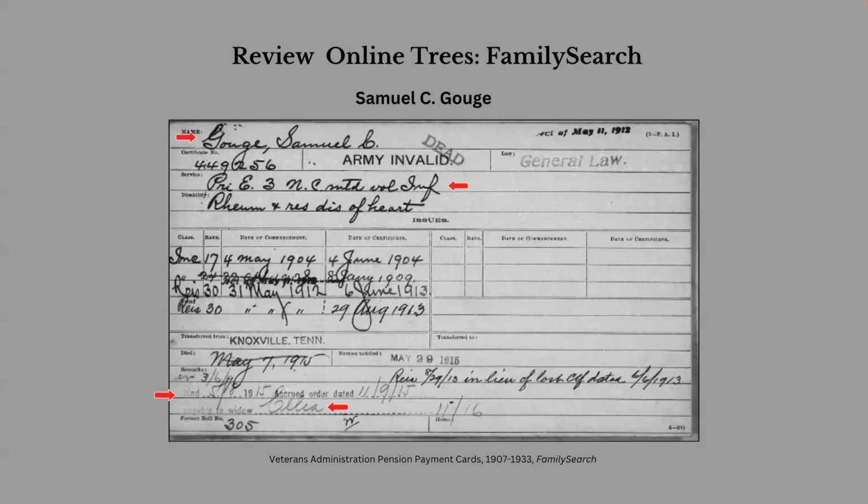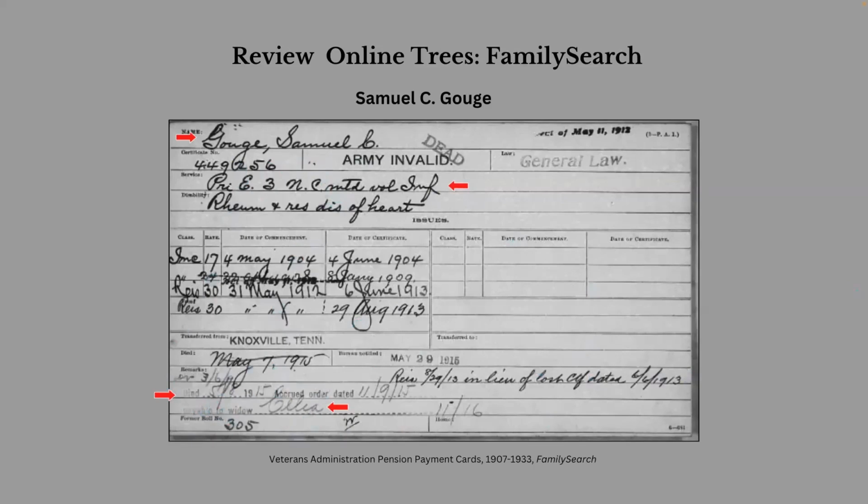And I know from interviewing my great aunt that my second great-grandfather, Samuel C. Gooch, was born in North Carolina and died in North Carolina. And she told me that he died in May of 1915. I know his wife was Celia. So when I see this document on somebody else's online tree, I go, oh my gosh, that belongs to my Samuel C. Gooch. That's right.